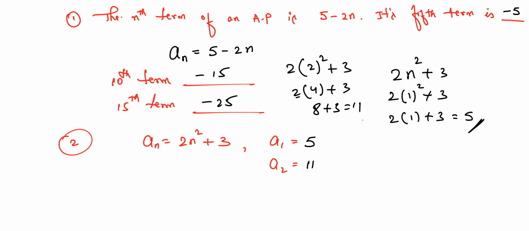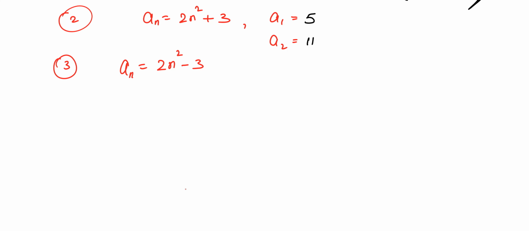Last question but not least, let me see who will solve this. Take down, if an equals 2n square minus 3, then find the sum of first two terms.